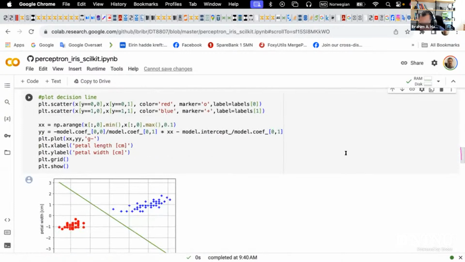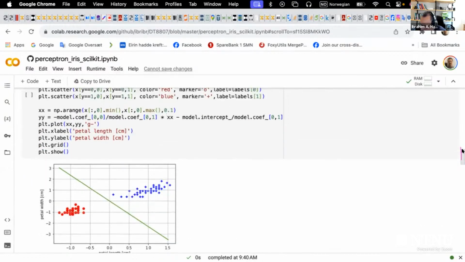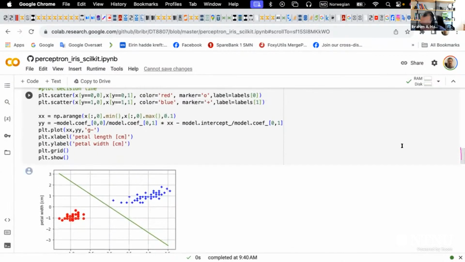Okay, so now we need to plot the decision line, as you can see here. I will plot my model one more time. My model will look like this one.